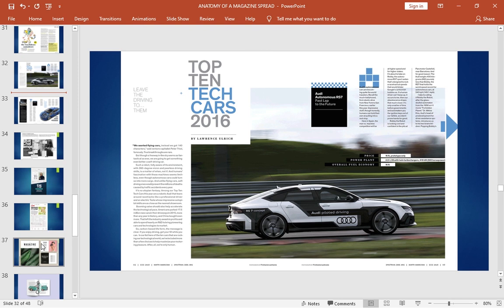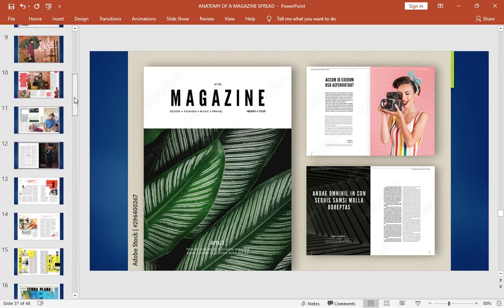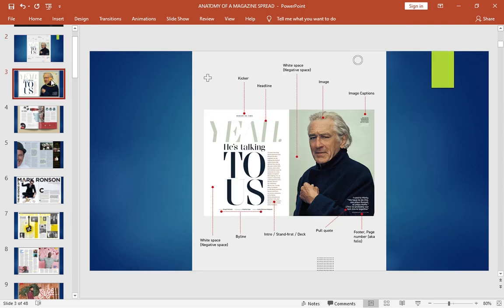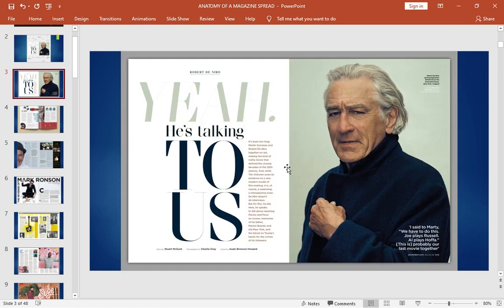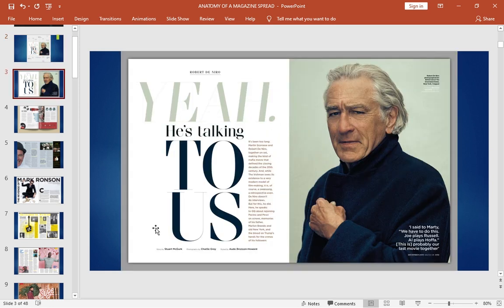Now, apart from the byline, we have to consider something else, and that is the readability of your magazine. You have to consider the readability, and here you have some of the byline. You can see the name over here.